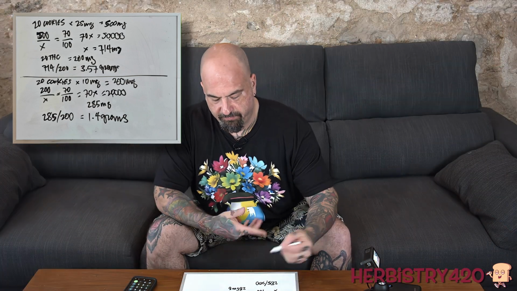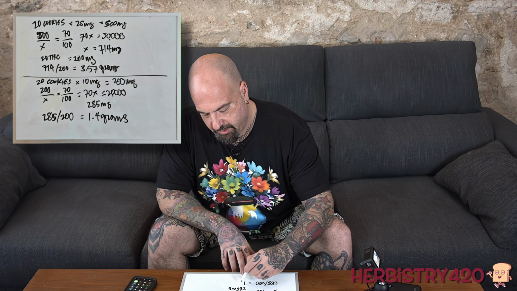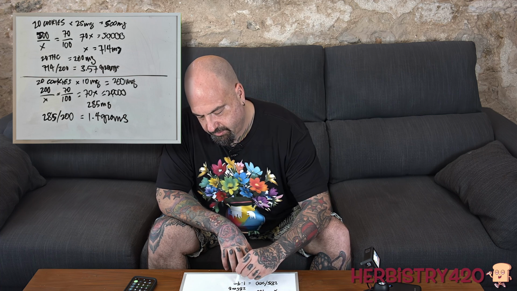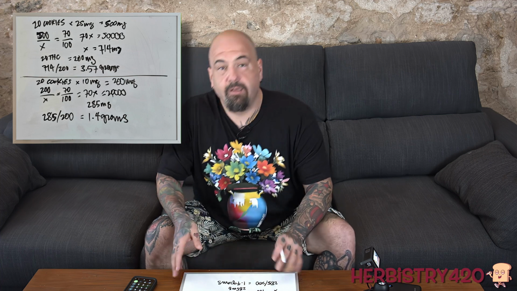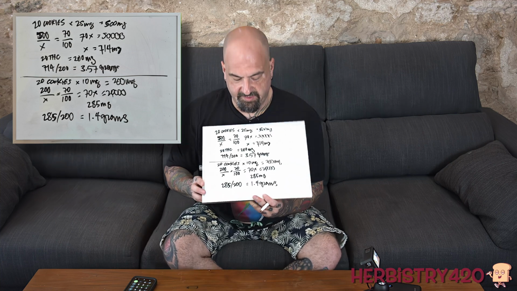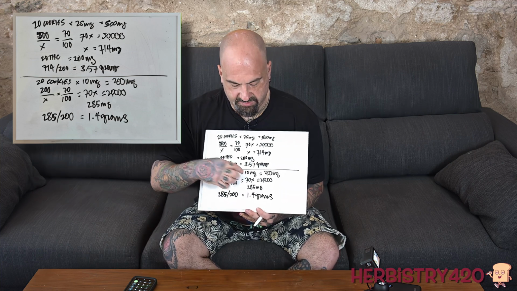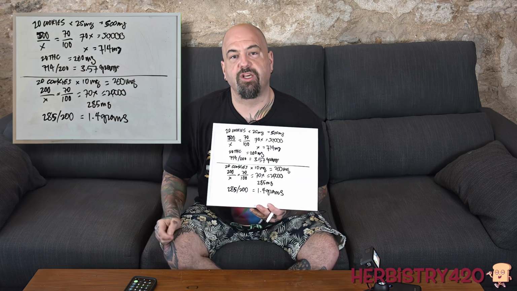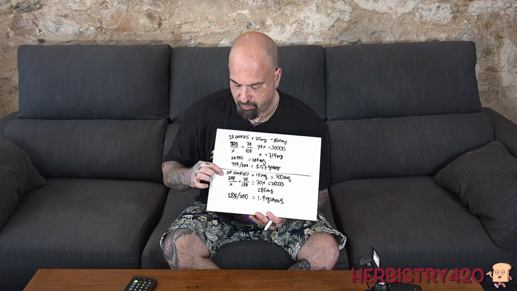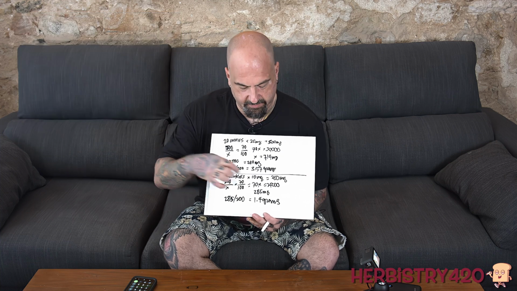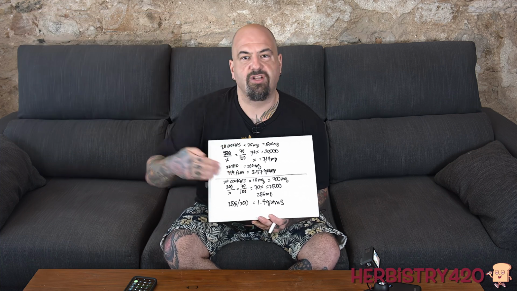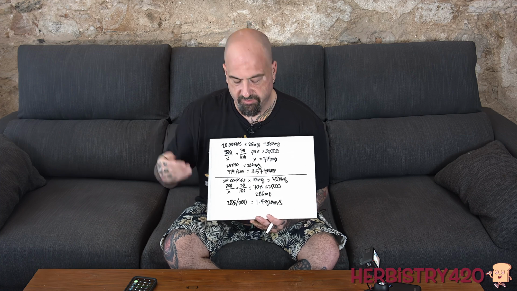So we'll just say 1.4 grams of cannabis. 1.4 grams of the 20% THC cannabis will give us cookies at 10 milligrams each if they make 20 cookies, right? Now, if this made 25 cookies, you would take 25 times 10, etc. Change the numbers as you see fit or as you need to, right?